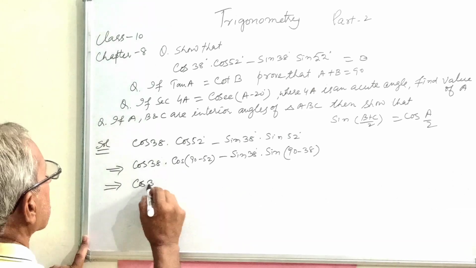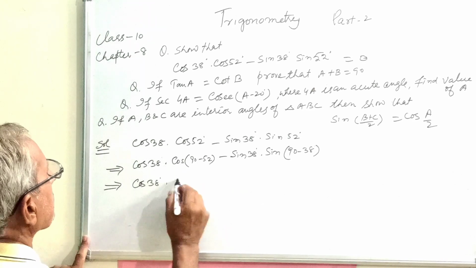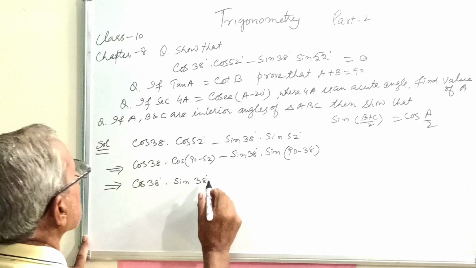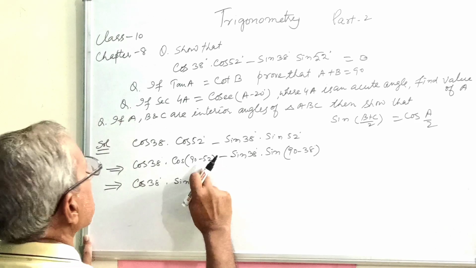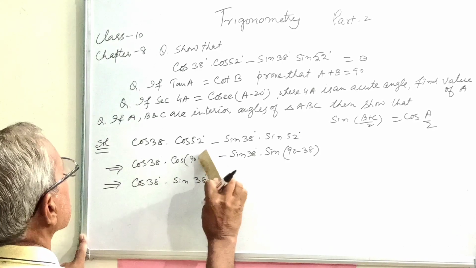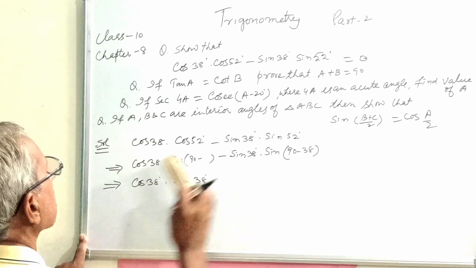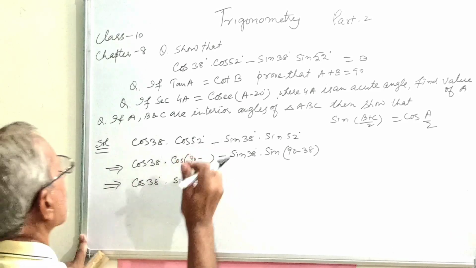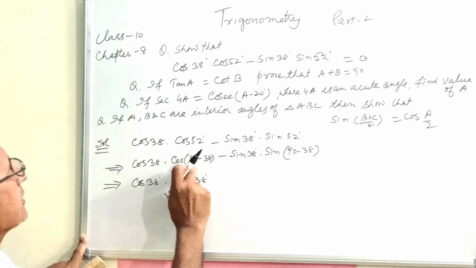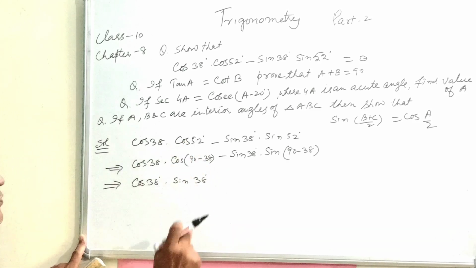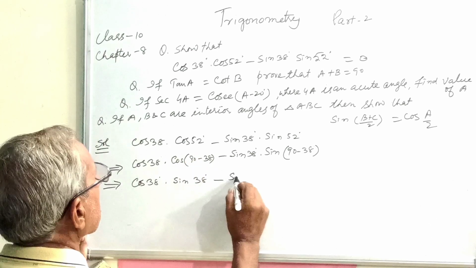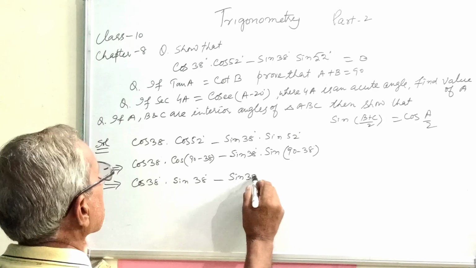Cos 38 degree into sin 38 degree. By mistake I have written 52. So there it should be 38, because 90 minus 38 will be 52. So this is sin 38 degree.